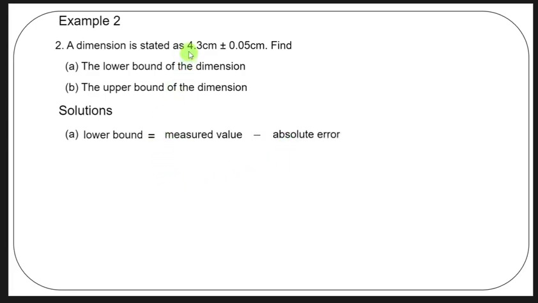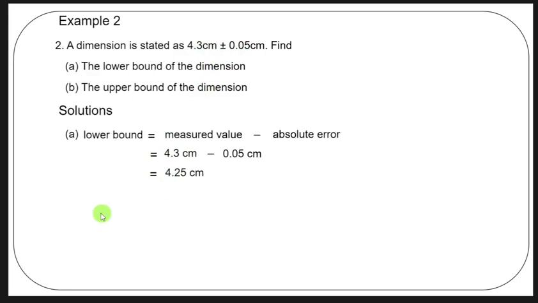Now, in reporting, the measured value is always in front, as you saw just recently. Then this one here is called the absolute error. So if you are reporting the lower bound, you say equals 4.3 centimeters. Then instead of plus, you get minus. Then you subtract 0.05 centimeters. Then you get 4.25 centimeters as the lower bound of this.